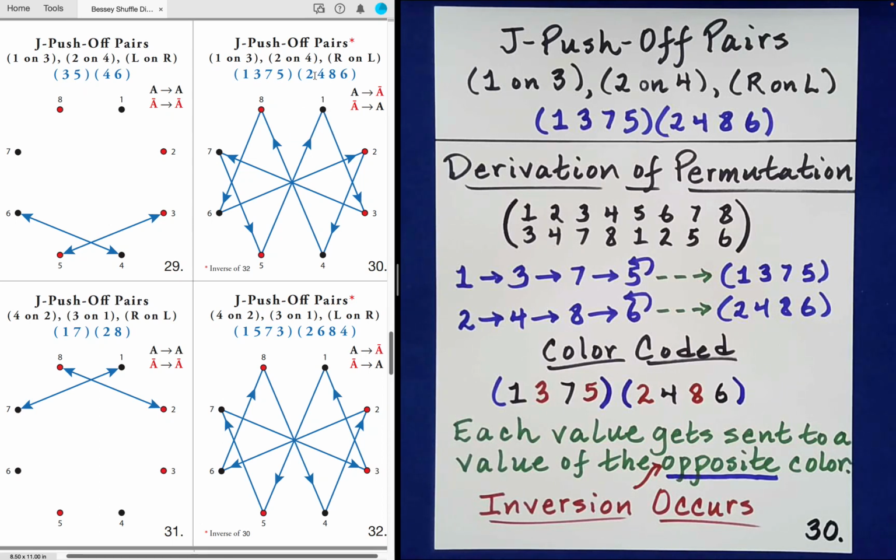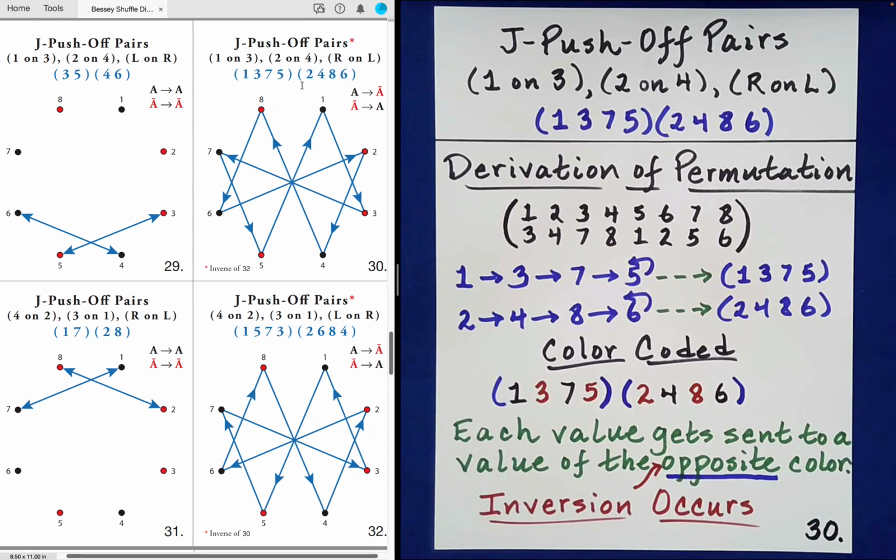Similarly, for this 4-cycle, 2 goes to 4, which goes to 8, which goes to 6, which goes back to 2. So if we begin at 2, there should be an arrow from 2 down to 4, which there is. There should be an arrow from 4 up to 6, which there is. And there should be an arrow from 4 to 8, which there is. From there, an arrow from 8 to 6, and then an arrow from 6 back to 2, completing that 4-cycle.